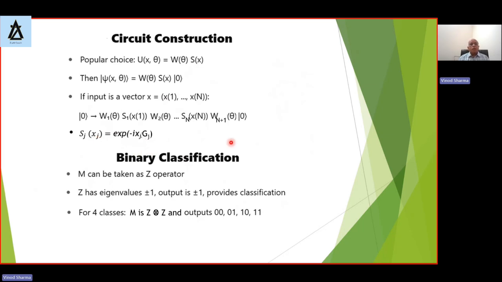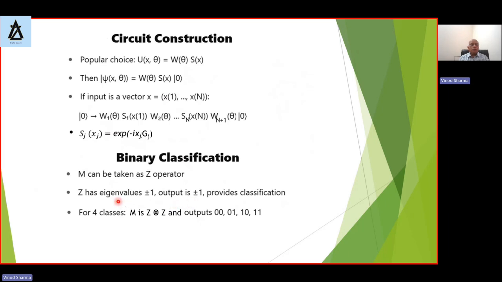Now, if we want to do binary classification, after this we still have to pick M, right? The operator with respect to which we will make the measurement. If we are doing binary classification, the output given by this should have two values. Therefore, M can be taken as the Z operator. It has eigenvalues plus minus 1, so the outputs can also be plus minus 1.